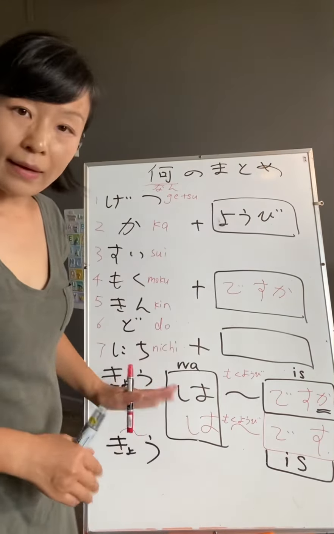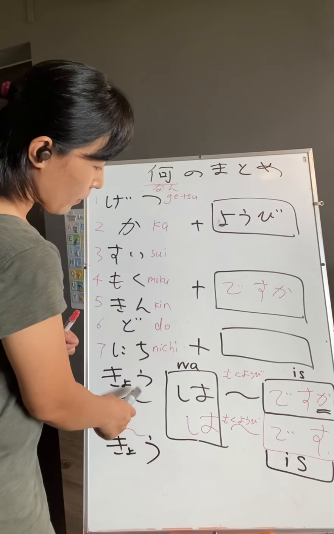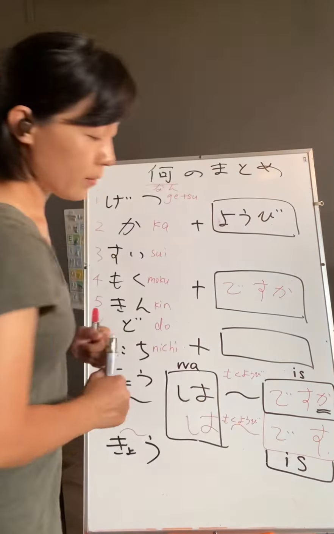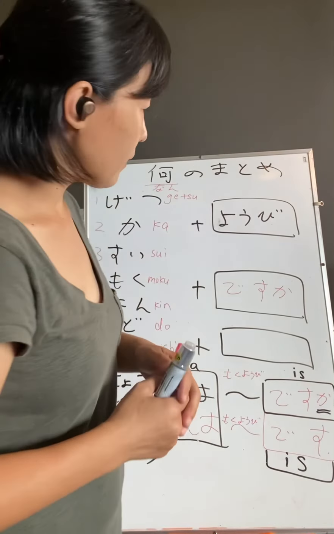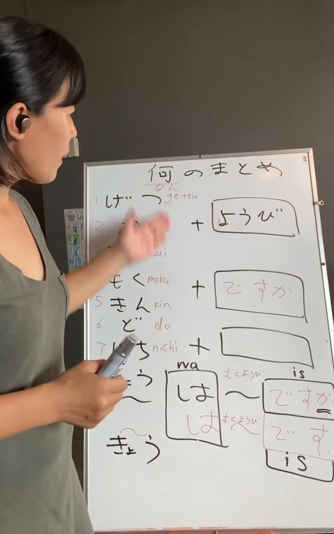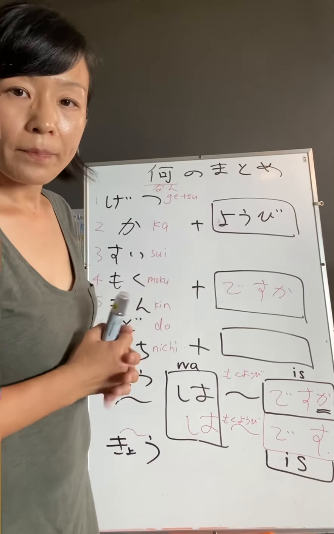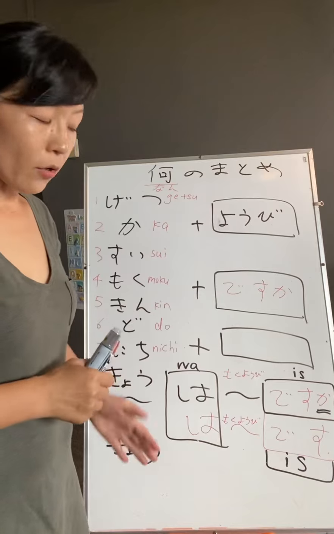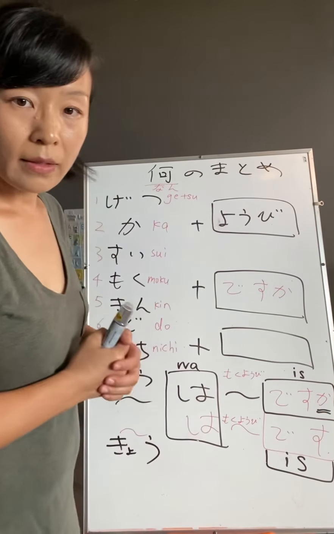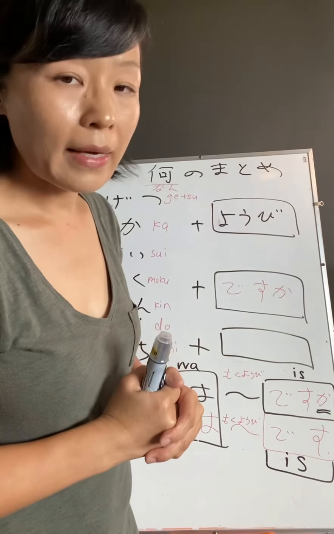We can say hai means yes. Hai mokuyobi desu. So if you want to see the full sentence, just now the question, 今日は何曜日ですか? You can say 今日は木曜日です. Today is Thursday.